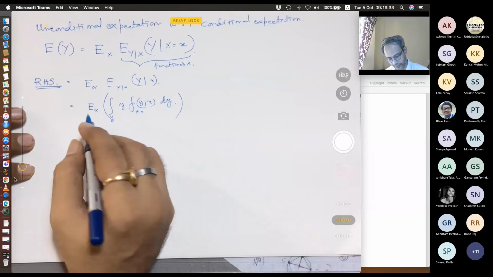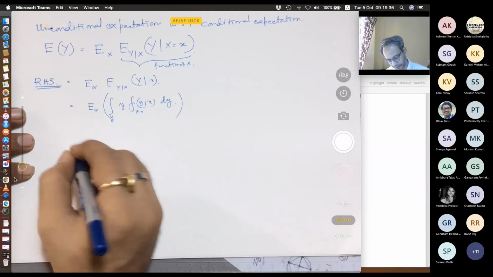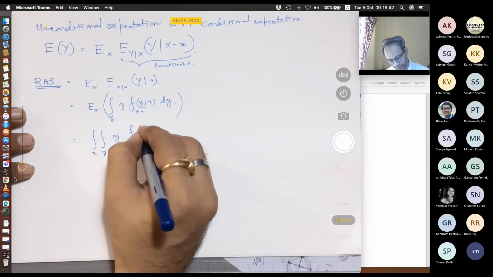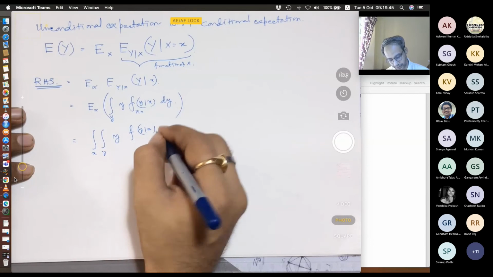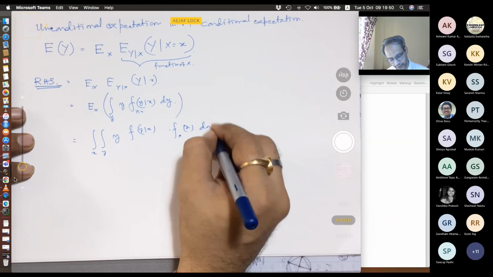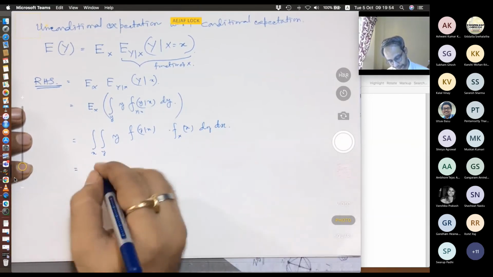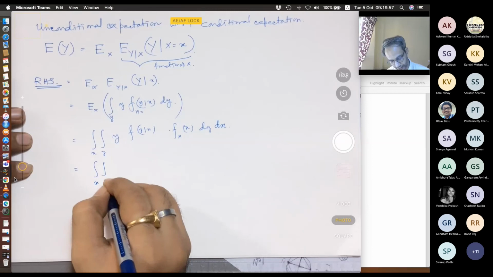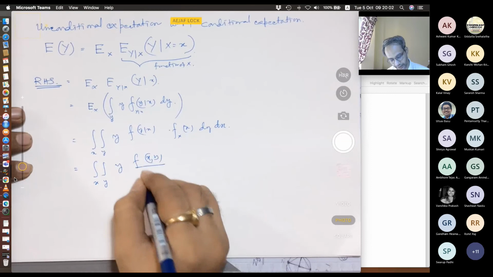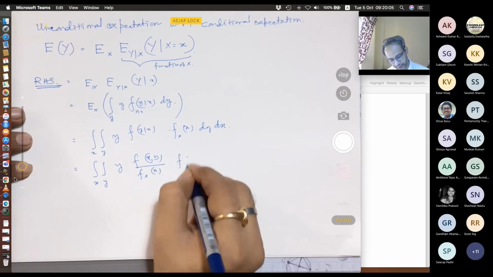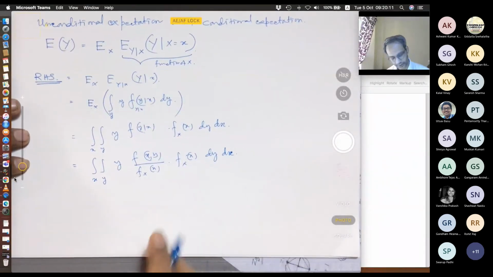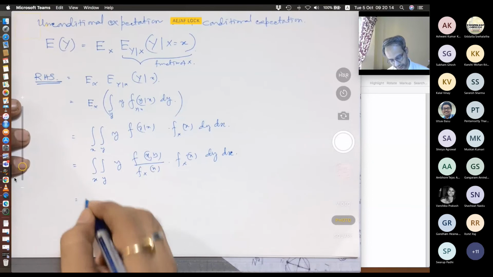Now if you compose the expectation over x on it, you get the integration over x, integration over y, y times f of y given x, times the marginal f of x, dy dx. By definition, f of y given x is f(x,y) divided by f(x), times f(x), dy dx. Now you can see that the f(x) terms eliminate each other.